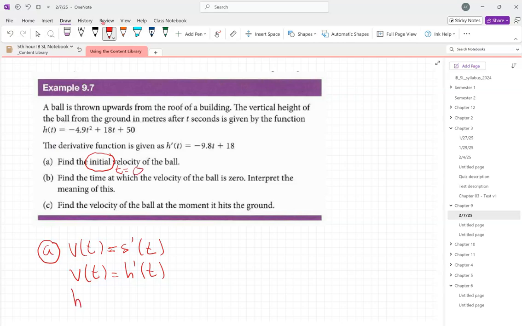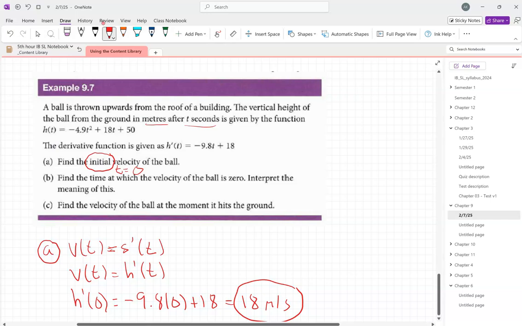So what we want is h prime of 0. So if I plug that in, I get 18, and if it's meters and seconds, this should be meters per second.